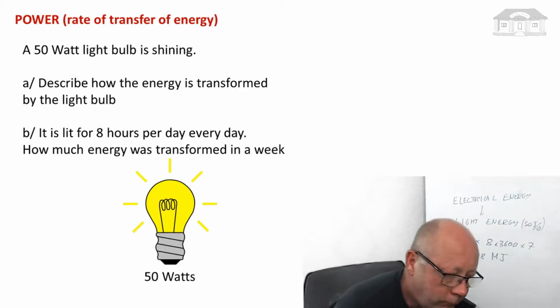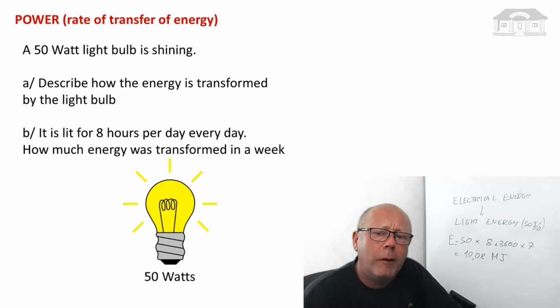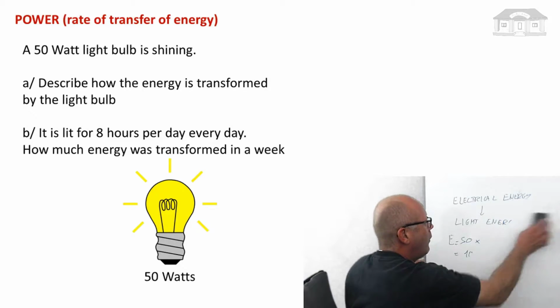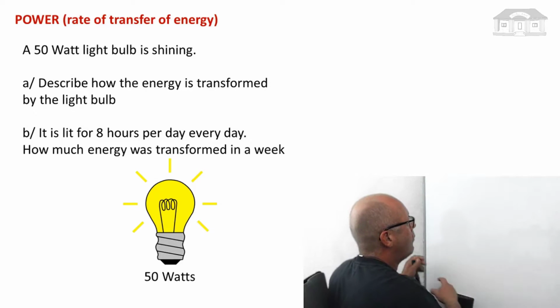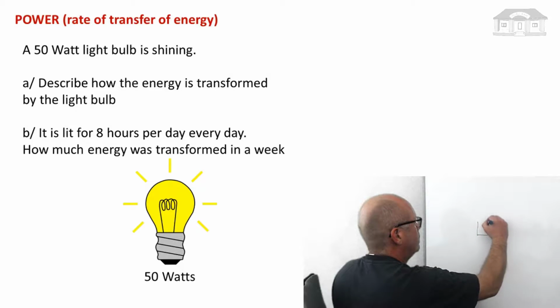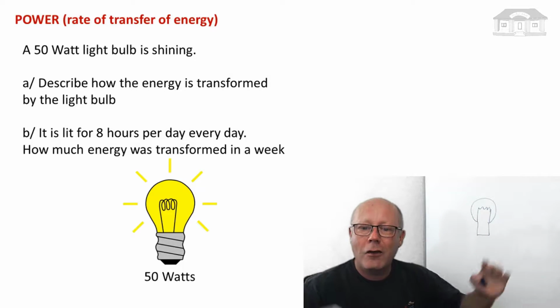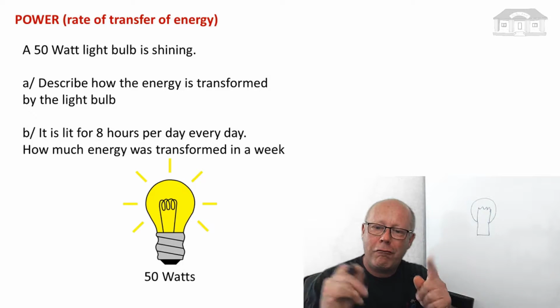Okay. So we know that this bulb is sending light around it. Let's do a little thought experiment. Let's draw the bulb and put it in a huge balloon which is 1 meter of radius.